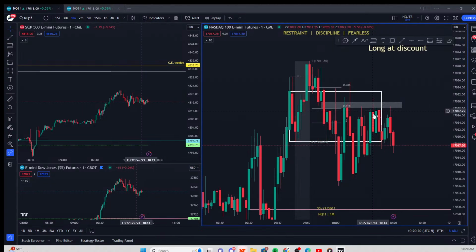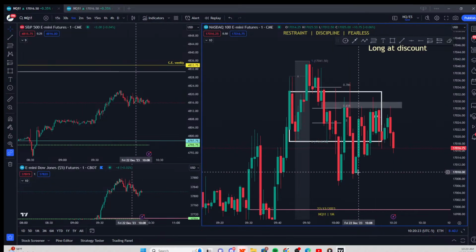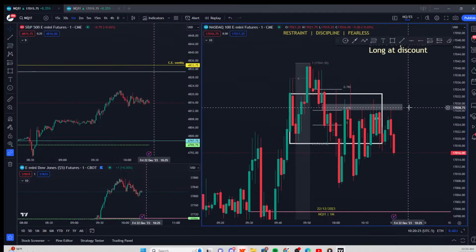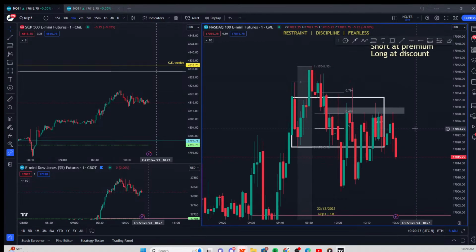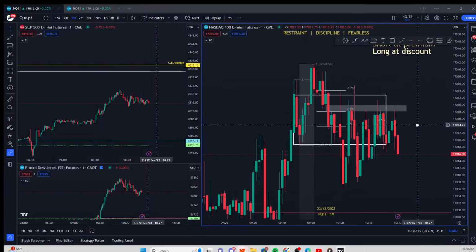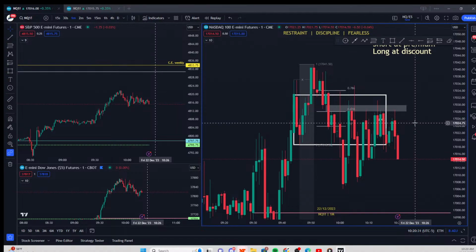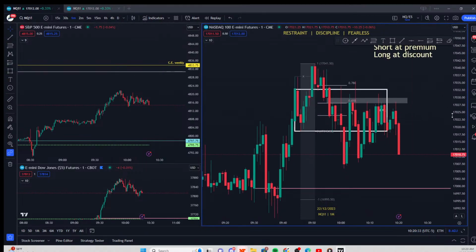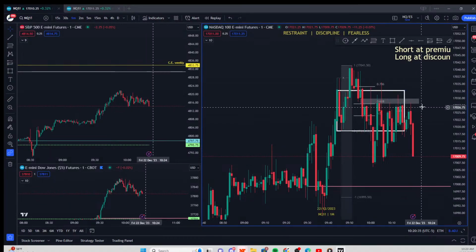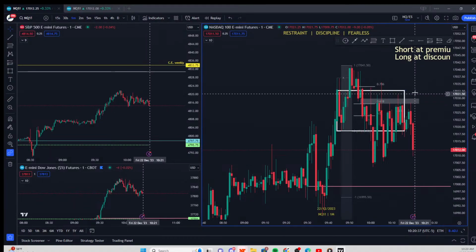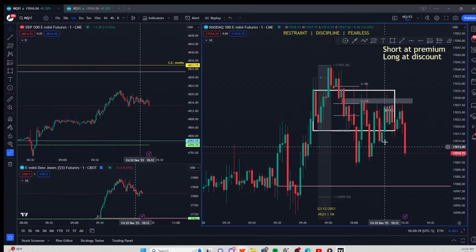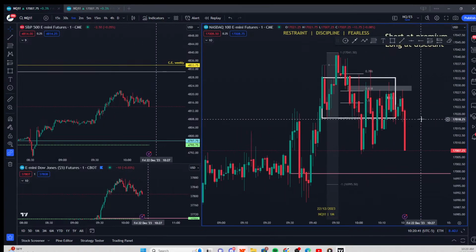Every wick inside here has been a strong rejection. Damn, this is a pretty good setup, but I just didn't execute on it.